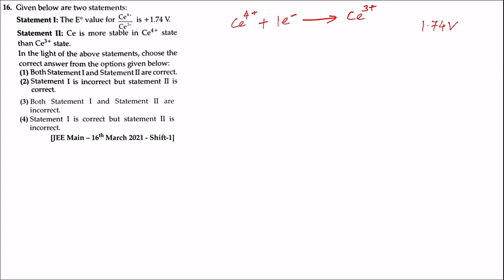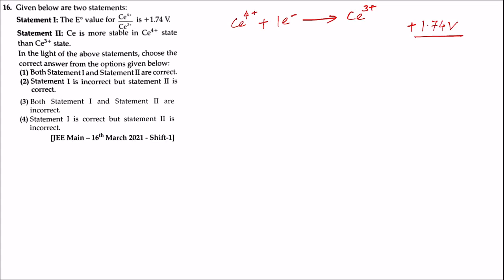Now the reduction potential value for cerium 4+ ion changing into cerium 3+ ion is 1.74 volt. Reduction potential value is positive, which means cerium has a very high tendency of accepting electron and changing into cerium 3+ ion.